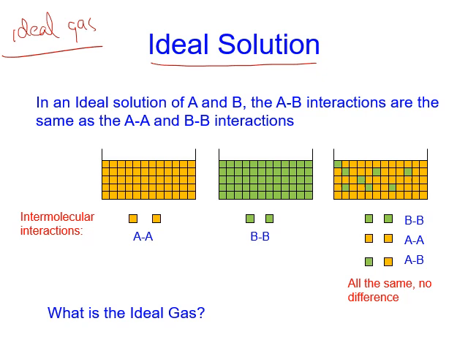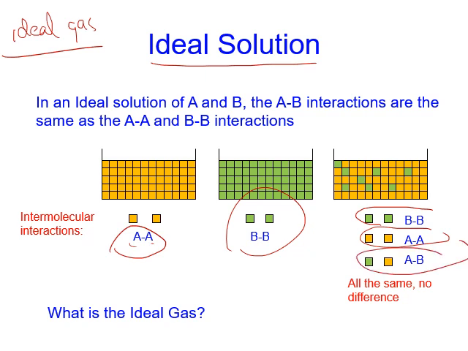In pure liquid A, the interaction is between A molecules. In pure B, the interaction is between molecules of B. Now, in a mixture of AB, there are different types of intermolecular interaction: AA, BB, and AB.